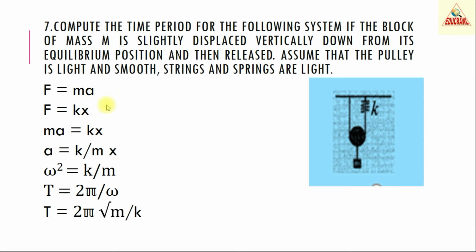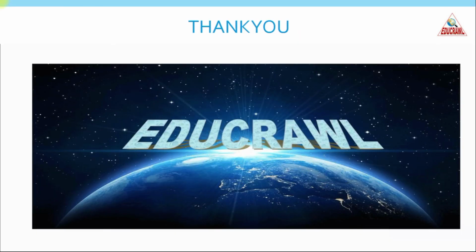So comparing these two equations, you have ma is equal to kx, where a is equal to k by m into x. So omega squared is equal to k by m and omega is equal to square root of k by m. Substituting this value of omega in the time period, we have T is equal to 2 pi by omega. So T is equal to 2 pi into square root of m by k. So this is the expression for time period.